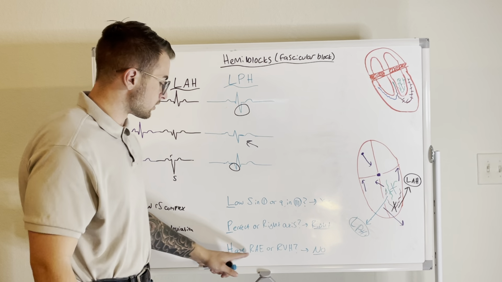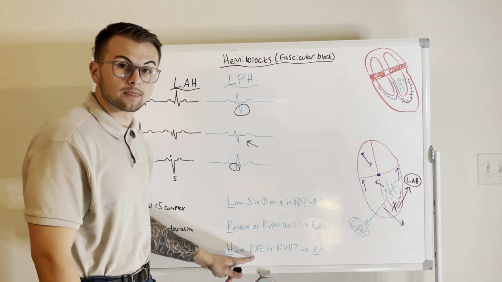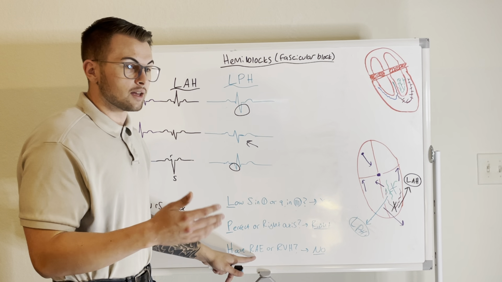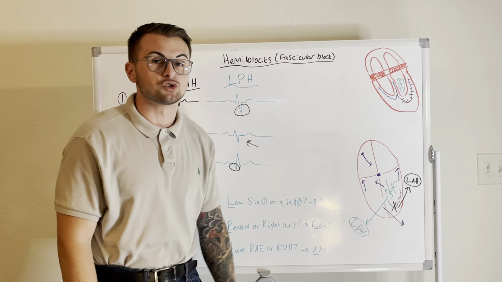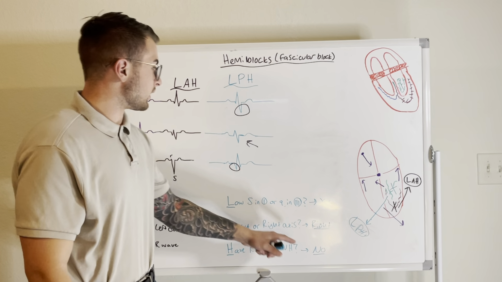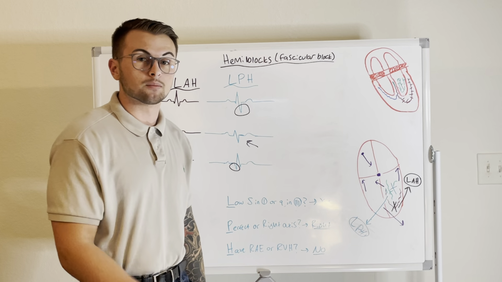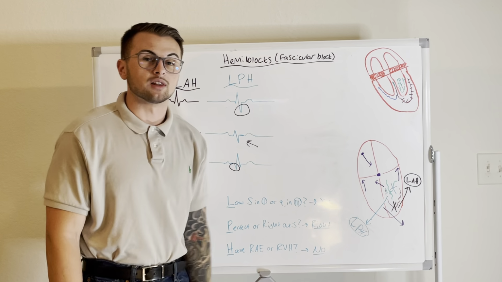And lastly, this is the one that rules it out most times, is do we have right atrial enlargement, either by the normal P pulmonale criteria or the intra-atrial conduction delay criteria, or do we have right ventricular hypertrophy? So if we don't have either one of these, then we can say that we finally end up at left posterior hemiblock.